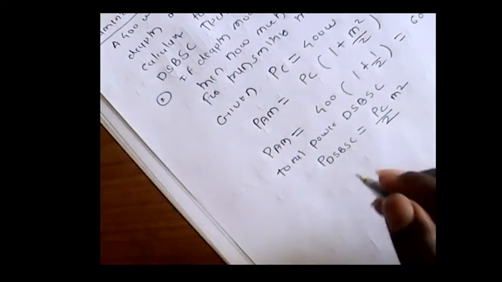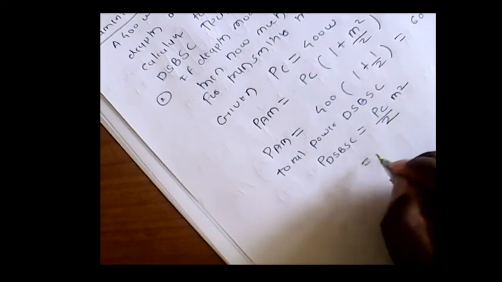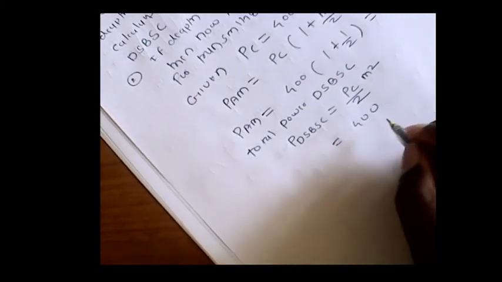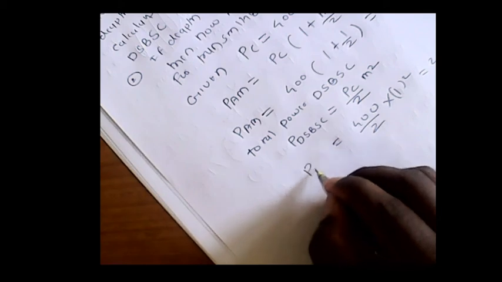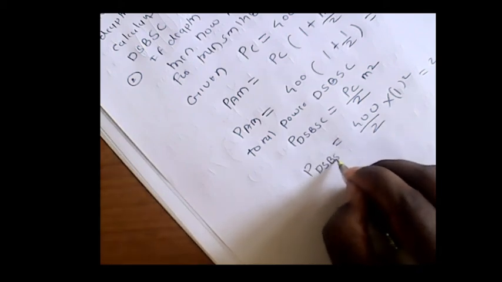So put the values of m and Pc: 400 divided by 2 into 1 square, so 200 watt power is required to carry the double sideband suppressed carrier wave.